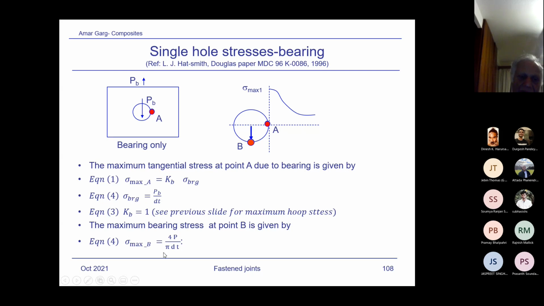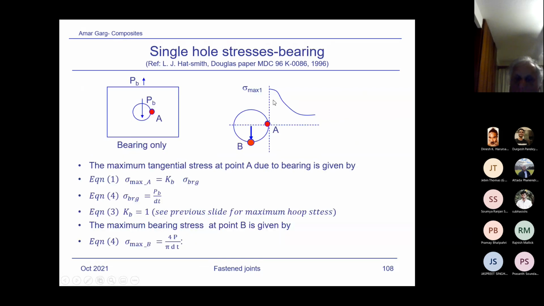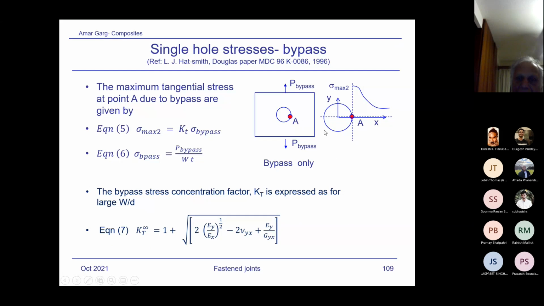So the maximum bearing stress at point B is given by this one, which is of course, if I consider this as FB, the average stress, 4 divided by pi times FB. Single hole stress again: the maximum tangential stress at point A due to bypass is given, and here we are considering bypass. In the previous slide, it was bearing. Now we consider the stress at this point due to bypass, sigma max 2. So sigma max 2 is KT into sigma bypass, and sigma bypass is P bypass, that is the load, divided by WT.